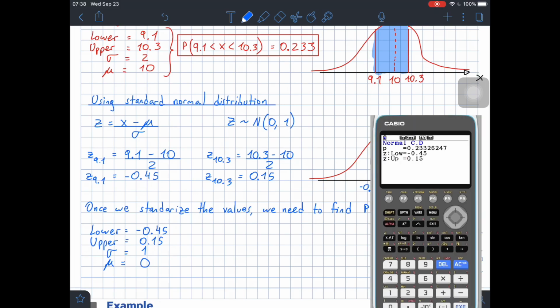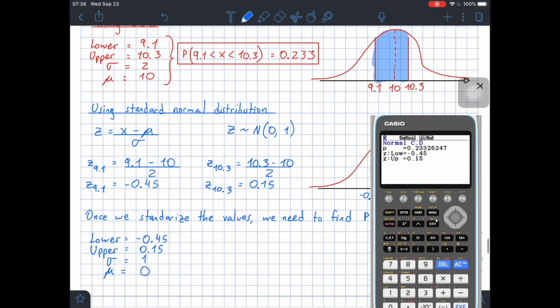You see that we should get exactly the same result. So if you take a look at the calculator, we're gonna go back. Now as lower, we're gonna write negative 0.45, and as upper, we're gonna write 0.15. Our standard deviation is now 1 and our mean is 0. So we click on execute and you see that we get exactly the same value, right?